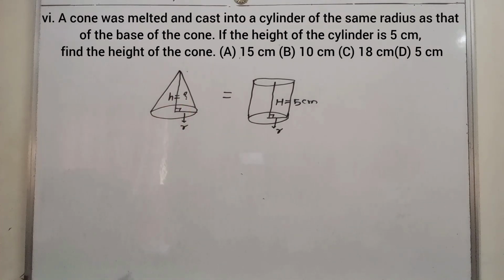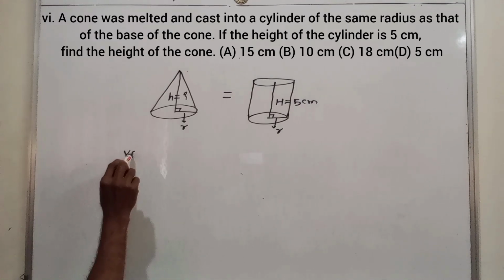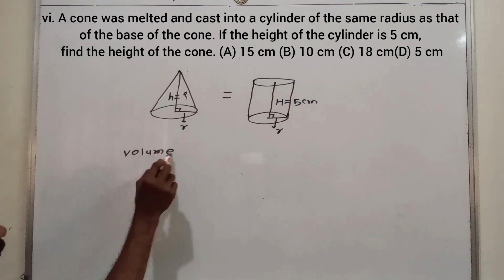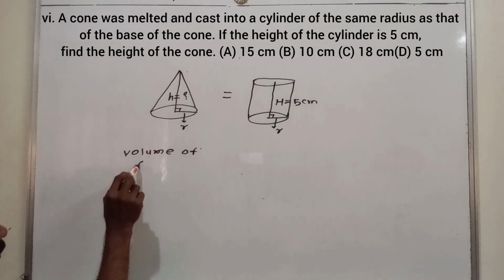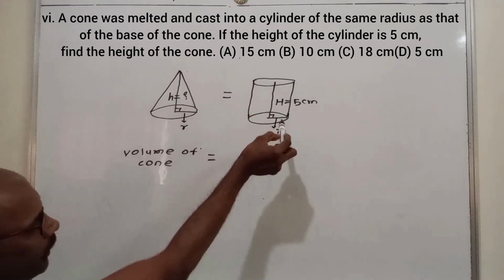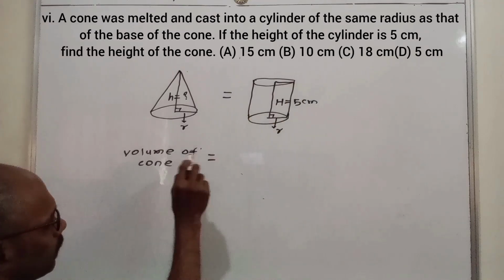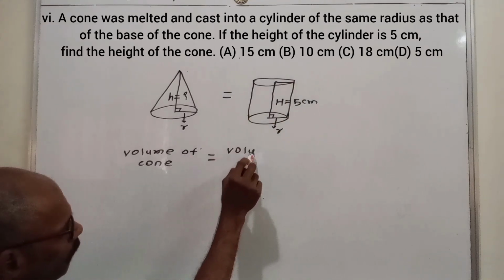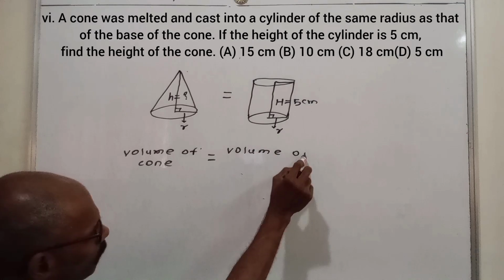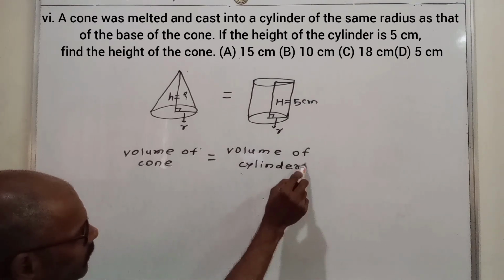We don't know height of the cone. Did you get it? When there is question like to melt anything else, then always we write volume. Volume of cone is equal to, from this we make cylinder, so we find volume of cylinder.